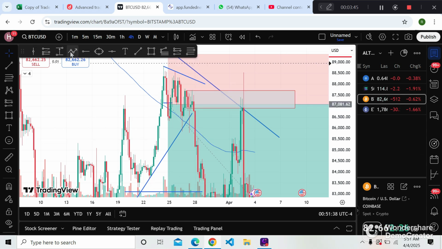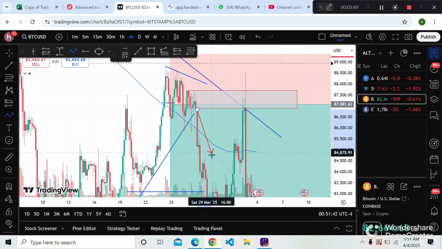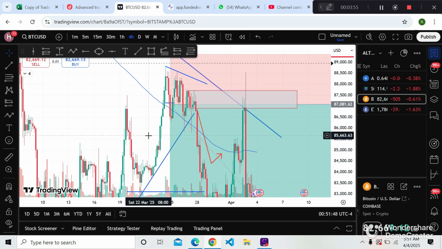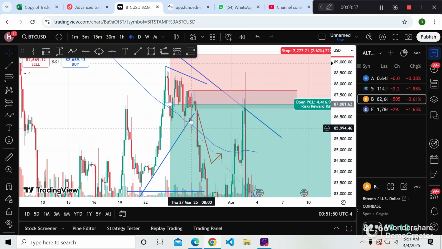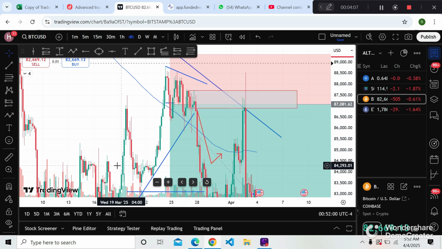In this case, we have an institutional move downwards. An institutional move is where you have large candlesticks, very long candlesticks, dropping, or to the upside, pumping. You understand? So in this case, we have large institutional candlesticks, very long.